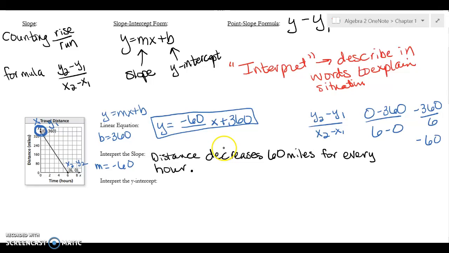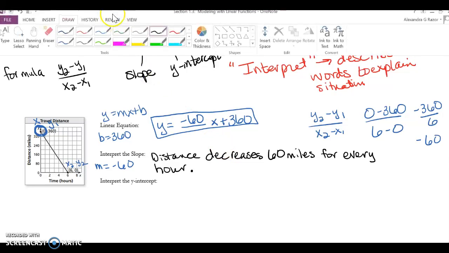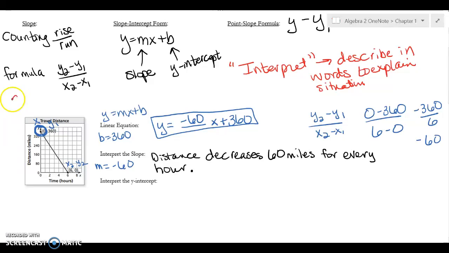So remember that slope is change in y for change in x, because that's what it is, it's y over x. So distance decreases 60 miles for every hour, because I saw what the unit was.